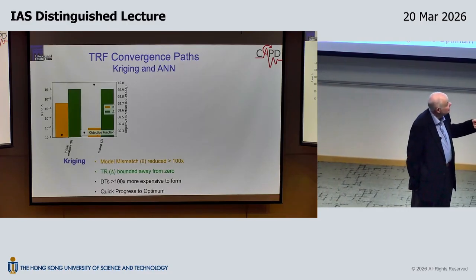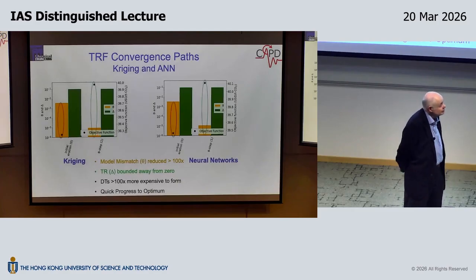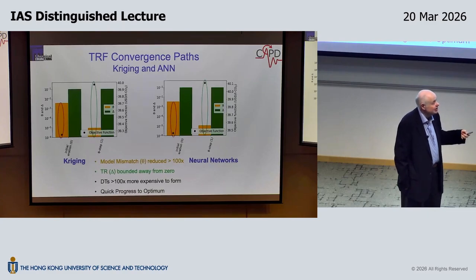And again, objective function very close to what we have with the others. And with neural nets, what you're seeing is a very similar experience. In one cycle, it takes you from something that was not very close to the truth model, and it goes down 3 orders of magnitude, and again, pretty much ends up at the same point.